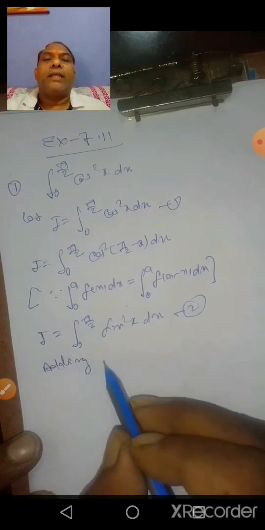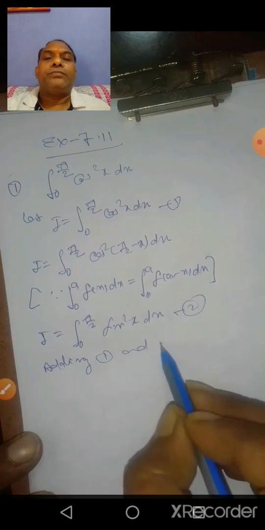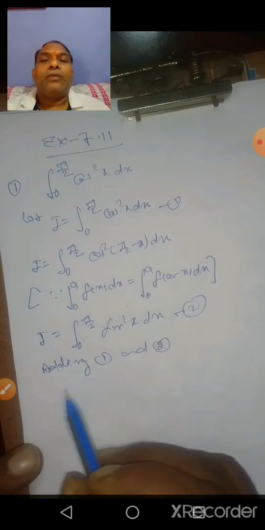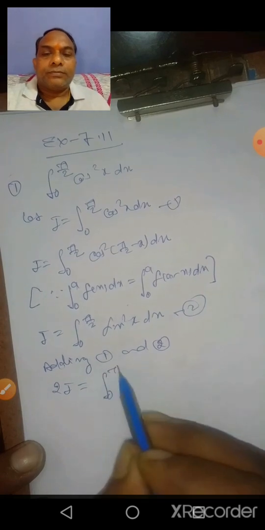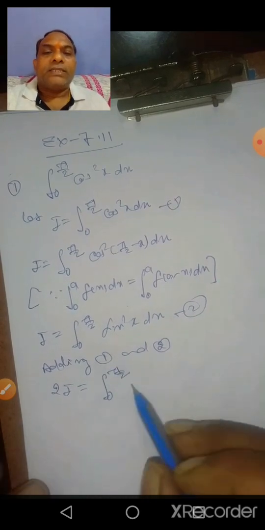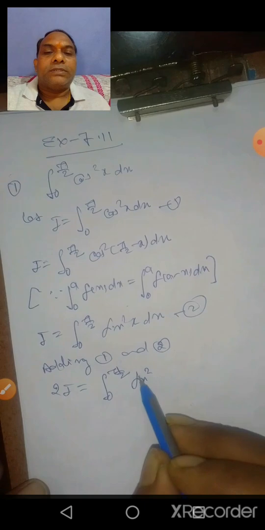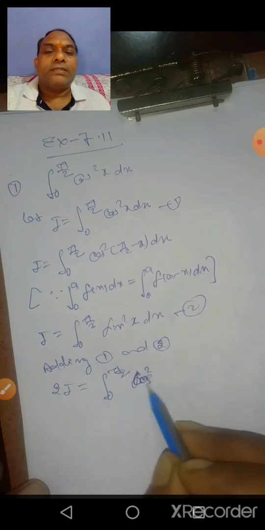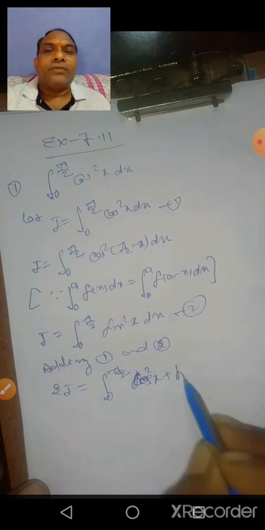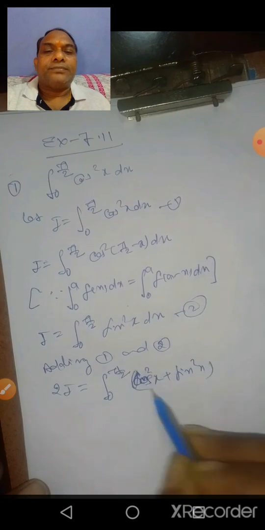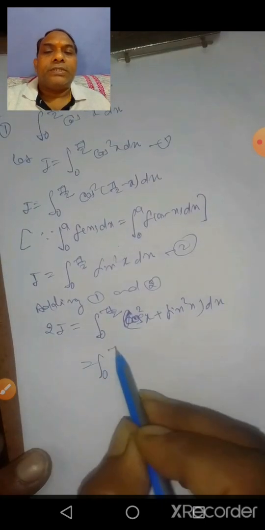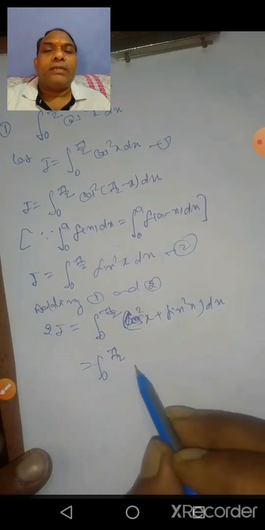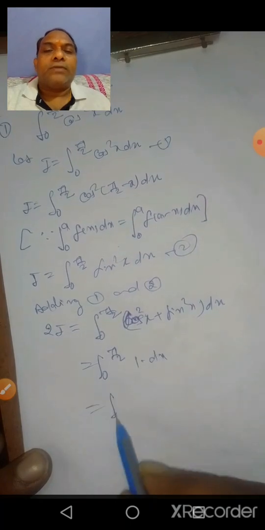Now adding 1 and 2, then 2I is equal to integration 0 to pi by 2 of cos square x plus sin square x dx. We know that cos square x plus sin square x is equal to 1.